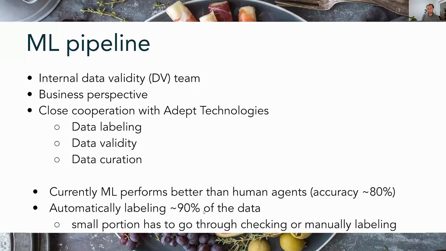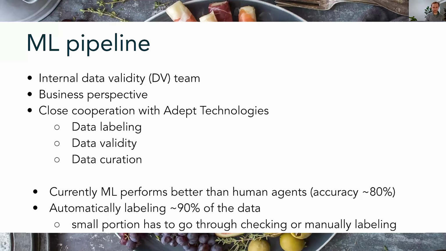Currently our machine learning model performs better than human agents. We got to the point that when you look at the image, the human says, okay, this is a carrot, and the machine learning model says it is something else. Then when you really look at it, you see that the model is right.